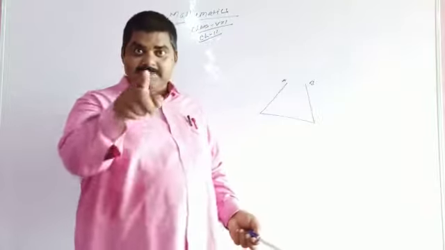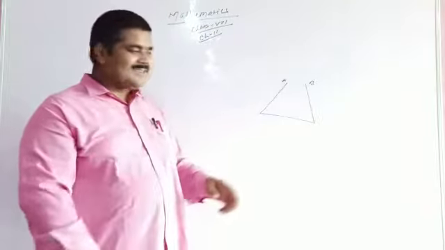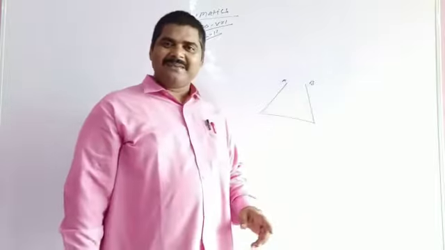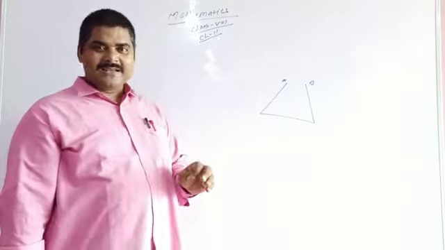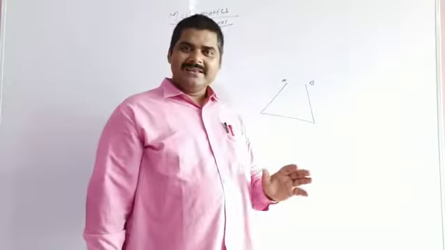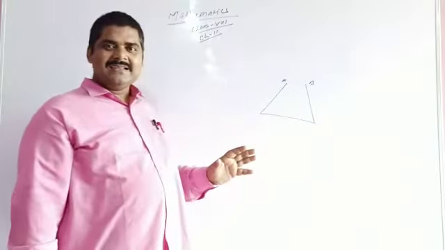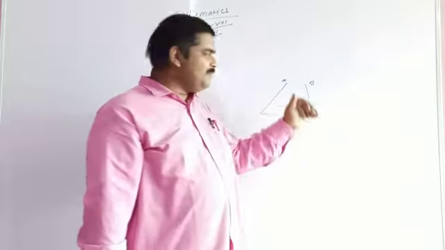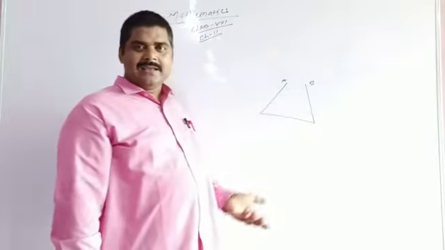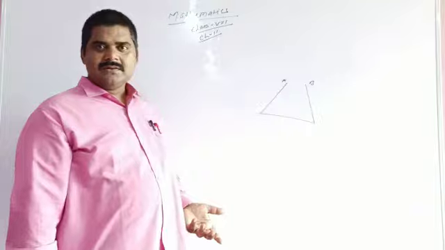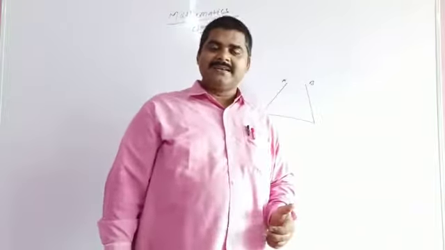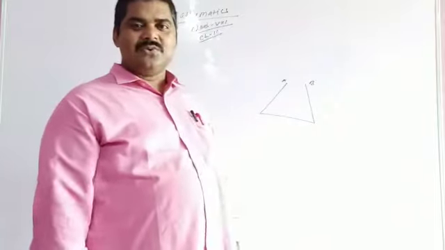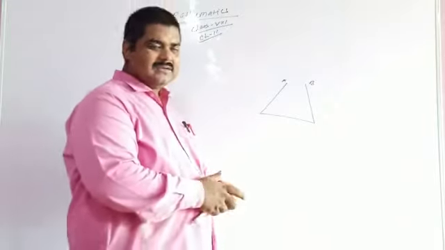It depends upon you: any one of them you can mention as the initial point and the other as final. If A is initial, then B is final. If B is initial, then A is final. So if initial and final are different, then such a figure is known as an open figure.